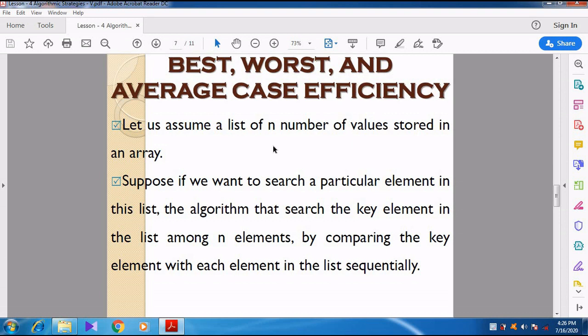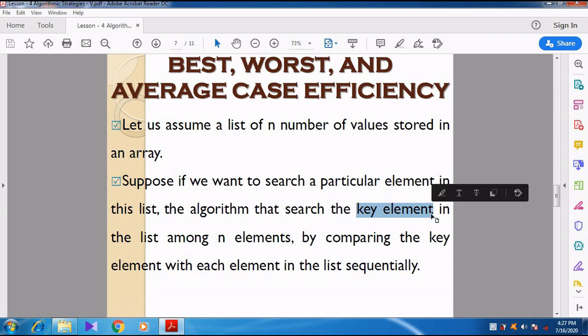Right. Let us assume a list of n values stored in an array. We are storing n values in an array. In that array, we want to search for a particular element in the list. That particular element is called the search key element.